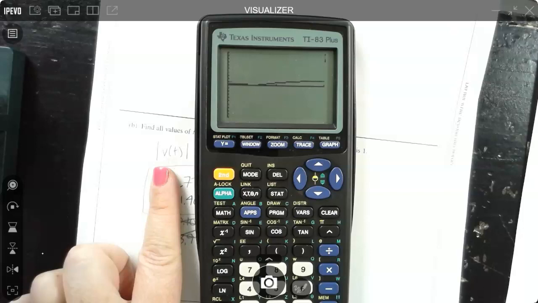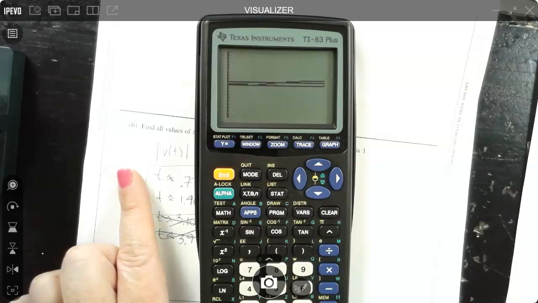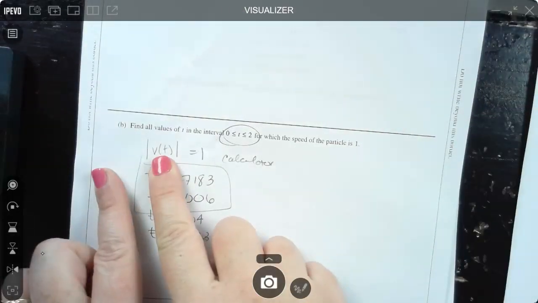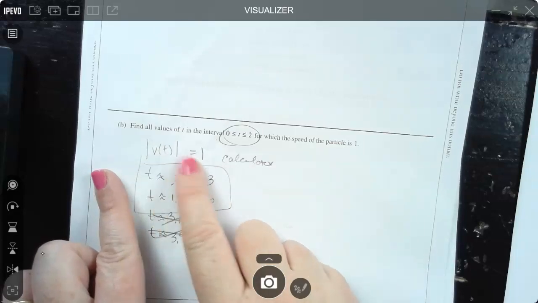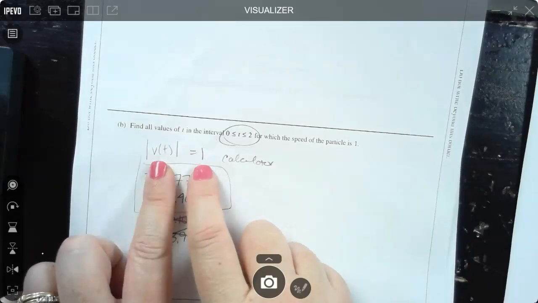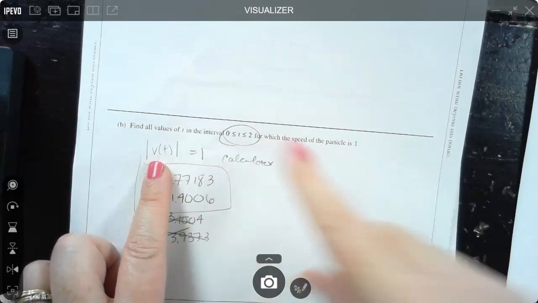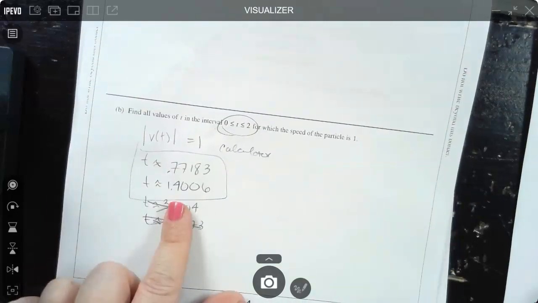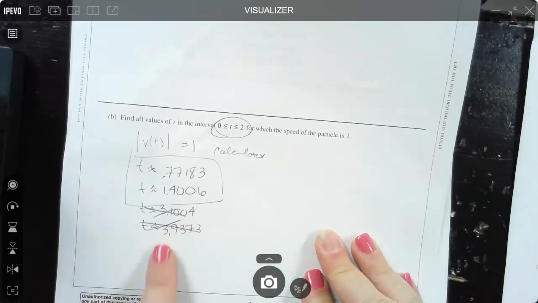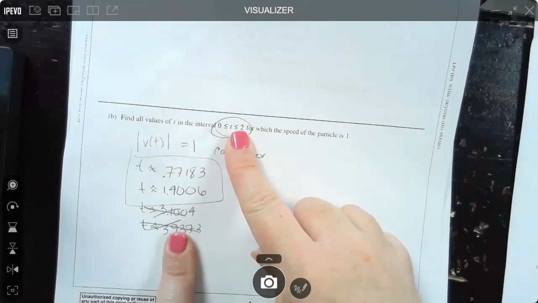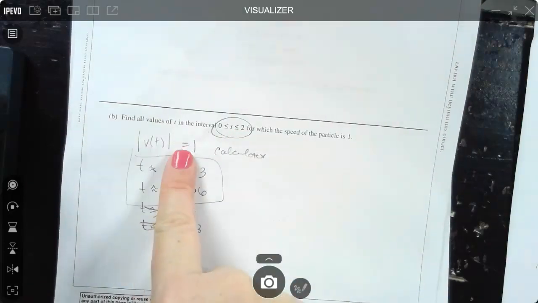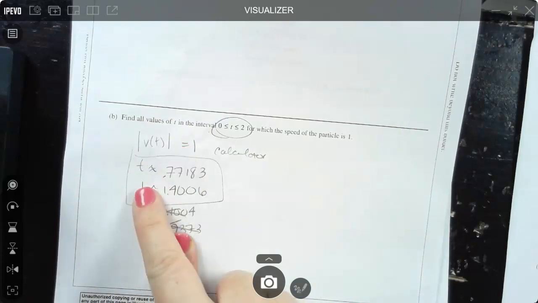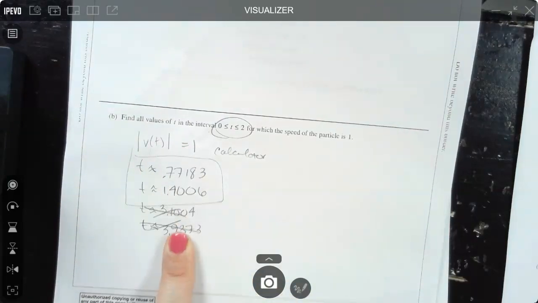I could have adjusted my Y. I wanted to know where this equals this, so I input both, and it's easier for me to calculate the intersection, that's just second calculate, intersect, enter, as opposed to doing left hand, right hand. If you notice, I did all of them to start with, and then I had to go back and cross it out because I realized, wait, I'm only between 0 and 2. So 1 point for setting the absolute value of velocity equal to 1, and then 1 point for the actual answer. There were 2 points.